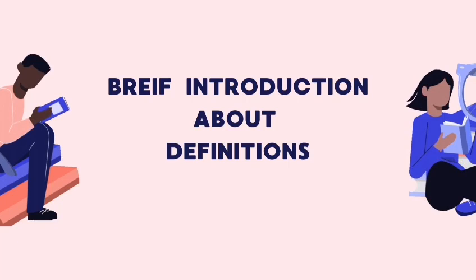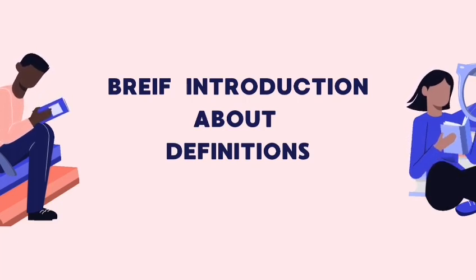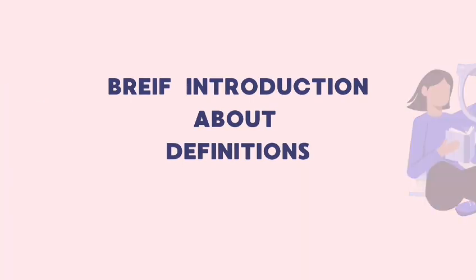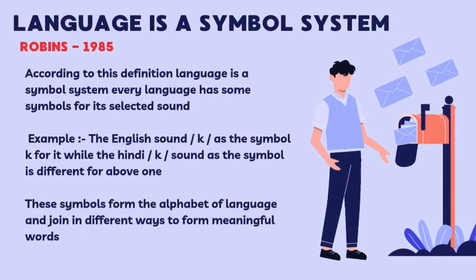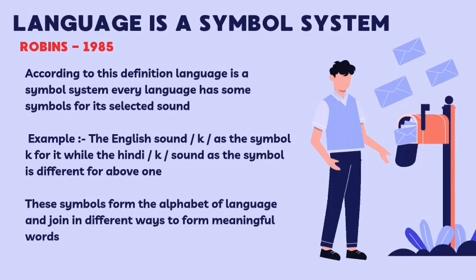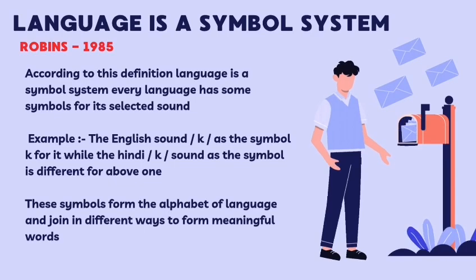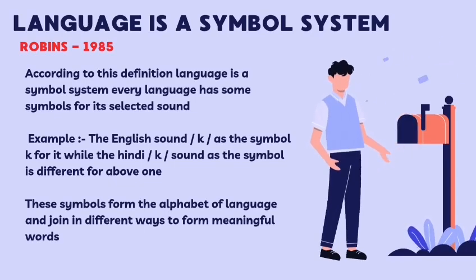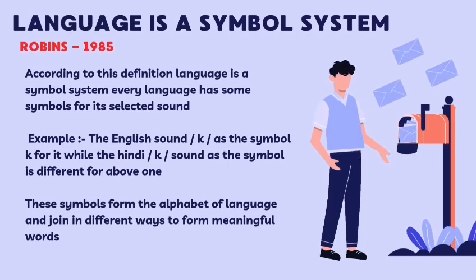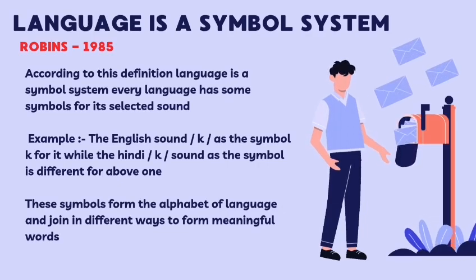Now I will tell the Robbins, Sapir and Rajendran definitions briefly. Language is a symbol system. This is one of Robbins' definitions about language. Robbins says language is a symbol system.